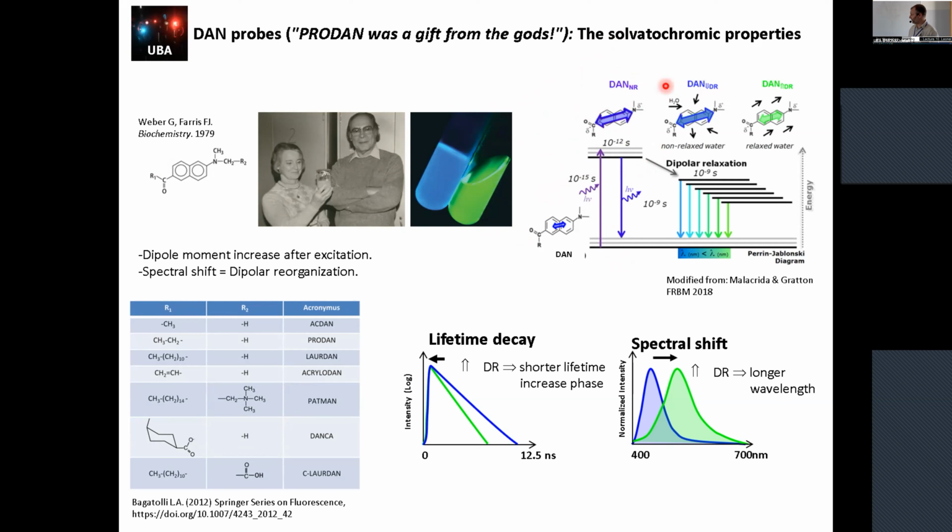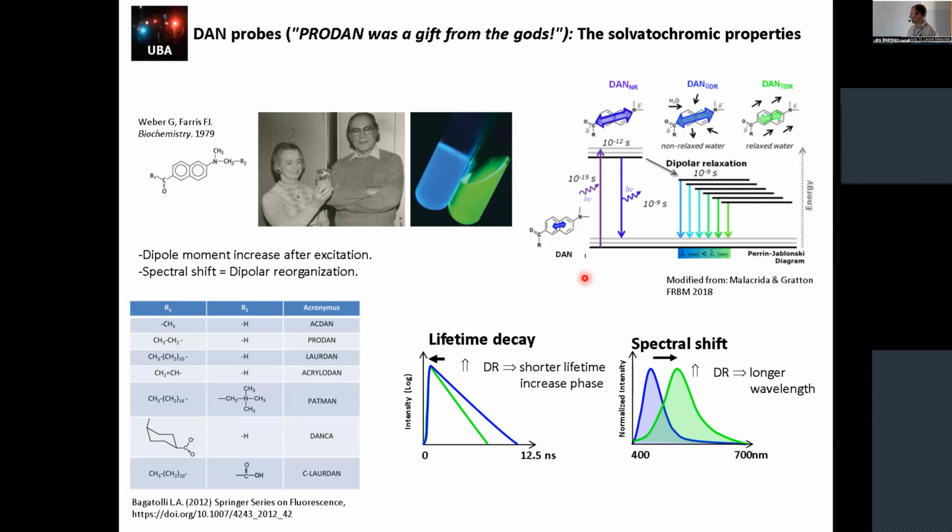If you have molecules that can be relaxed, for instance, water inside the cell, some of the energy of this dipole in the excited state will be used to reorient the dipole-active molecules around it, and it will reduce the energy of the dipole and will emit farther in the green or red. And this can be used to sense what is going on in the environment of proteins as well as lipids.